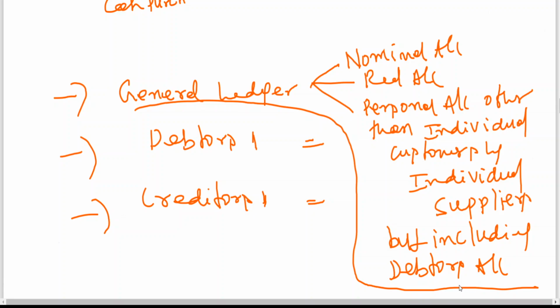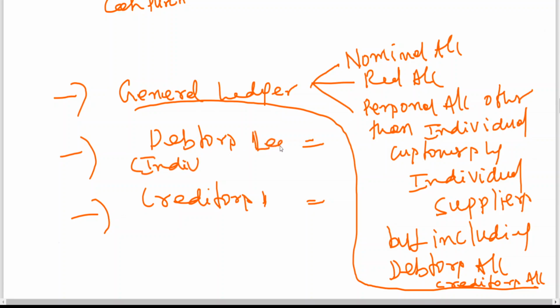Now this debtor and creditor account is called a temporary account. Don't panic, don't confuse. I am just sharing the information because the situation has come. General ledger: nominal account, real account, personal account other than individual customers, individual suppliers. In debtors ledger, individual customers account.